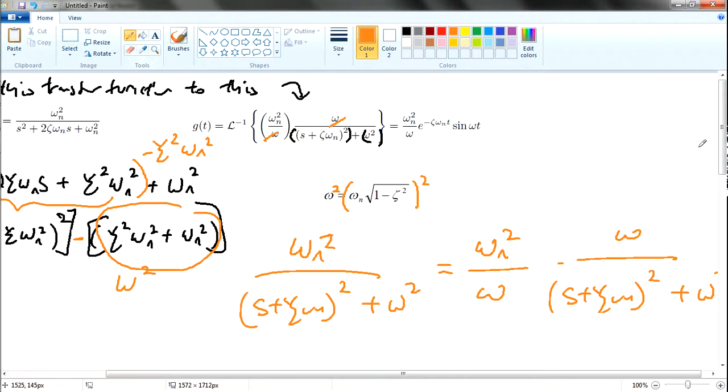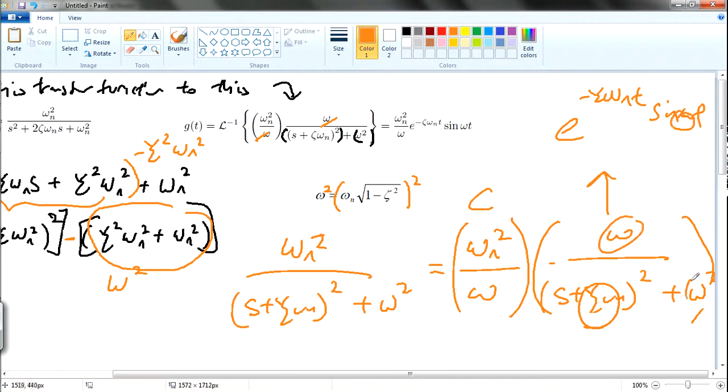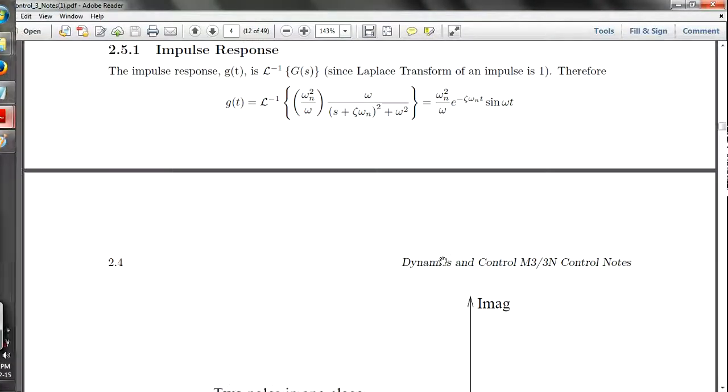So as you can see, this is some constant c, while this is actually e to the minus omega n t. Omega n t, the natural frequency, is just this portion over here, and then sine omega t, where omega is this too. So it takes on the form of the Laplace formula.